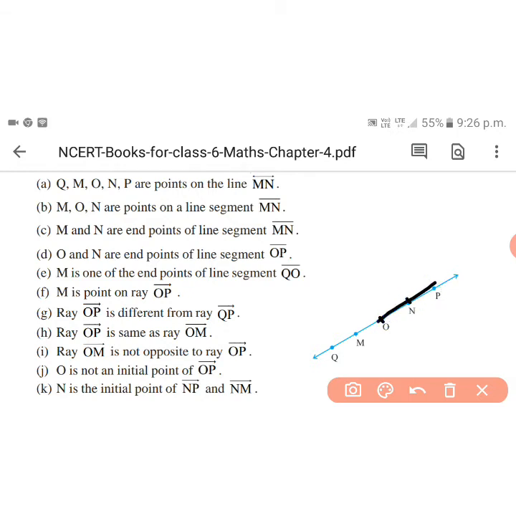The statement is false. E part: M is one of the endpoints of line segment QO. The statement is false.